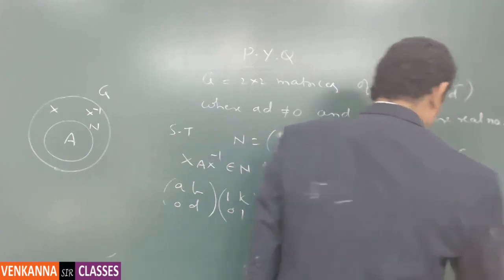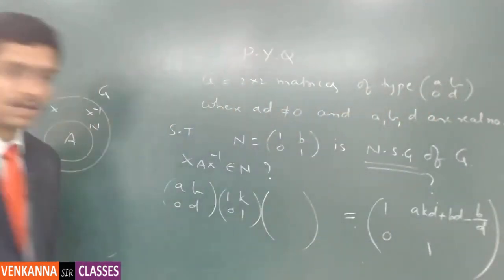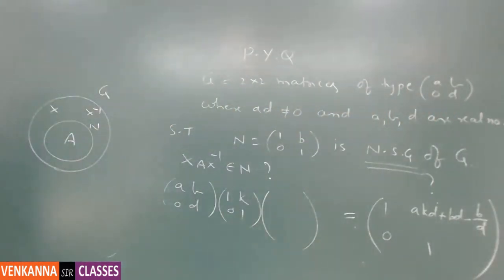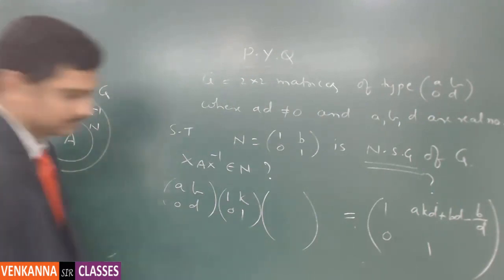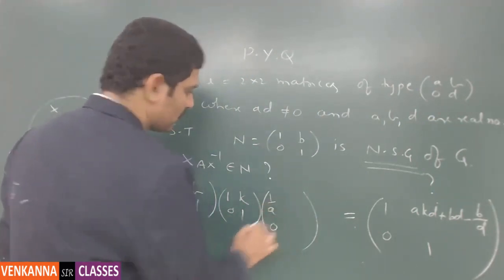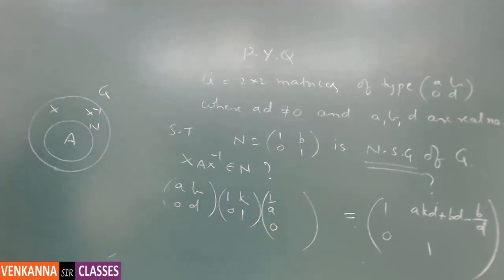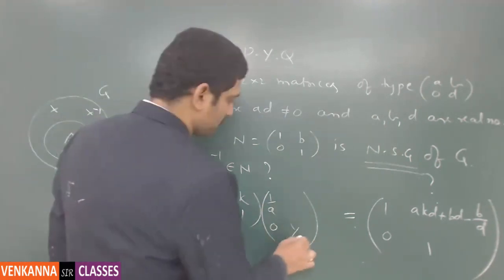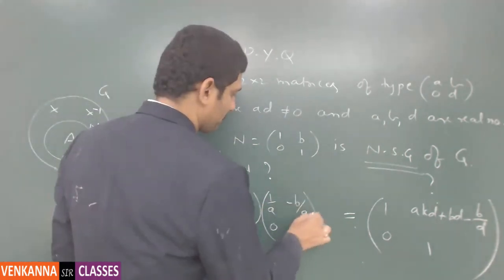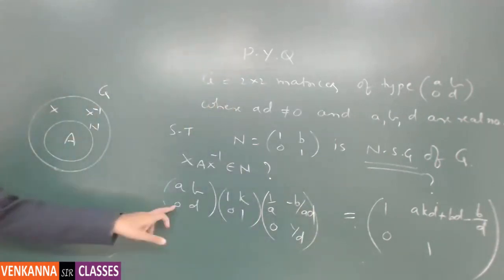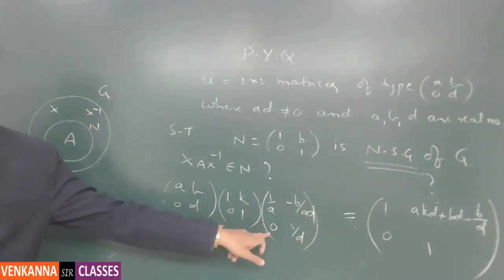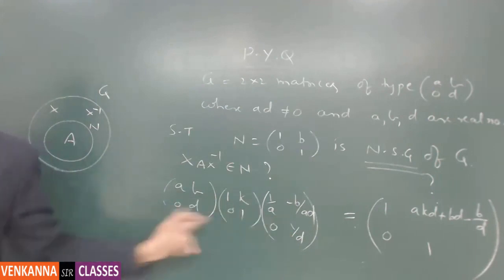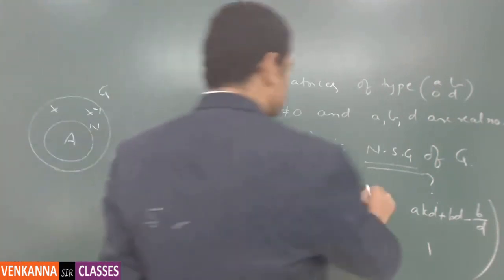If you calculate the inverse there, it is going to come as 1 by A, 0, 1 by D. So this is X, this is A, this is X inverse. If you multiply these three, you will get the form like this.